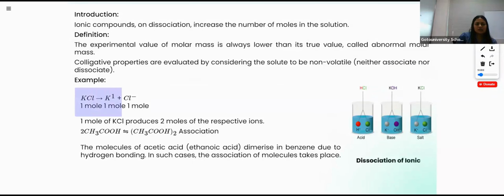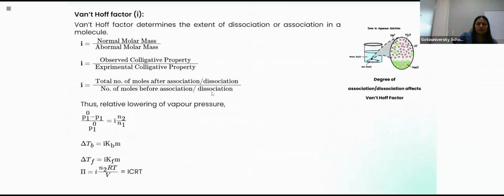Association and dissociation generally happen in ionic compounds only. Either they get associated or dissociated. So we have taken a dissociation example and an association example of acetic acid, where a dimer has been formed in benzene, and from that we understood the abnormal mass, right?